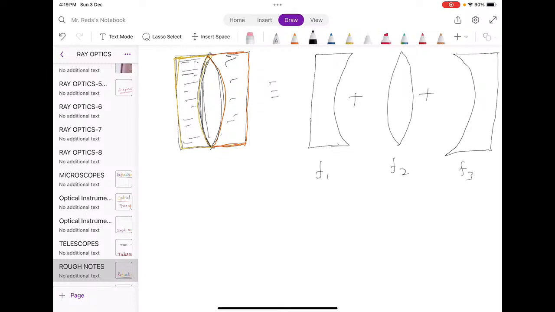The effective focal length can be taken as 1 by F is equal to 1 by F1 plus 1 by F2 plus 1 by F3.